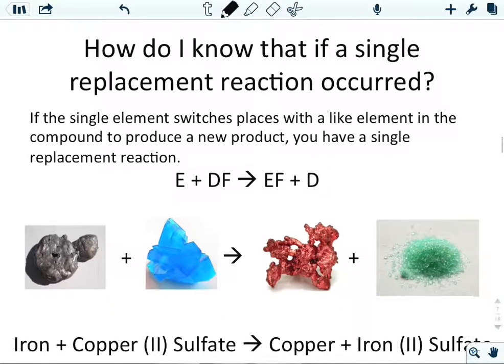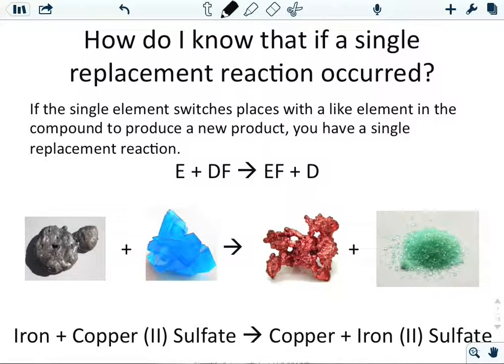Okay, how do I know if a single replacement reaction has occurred? If a single element switches places with a like element in a compound to produce a new product, you have a single replacement reaction. I would make a note here that like replaces like.